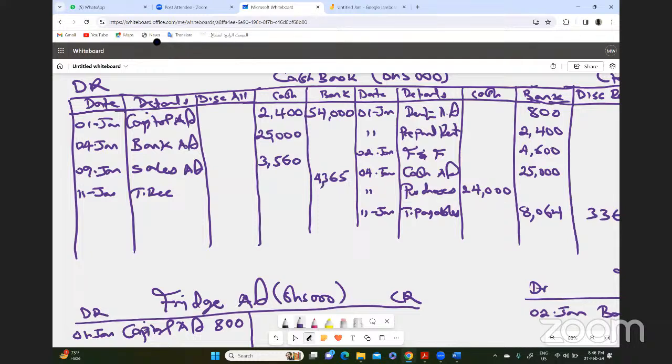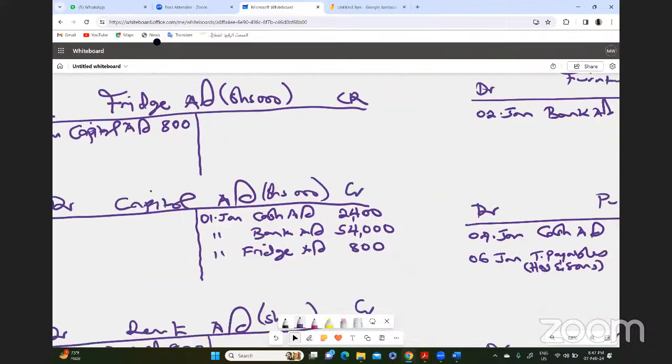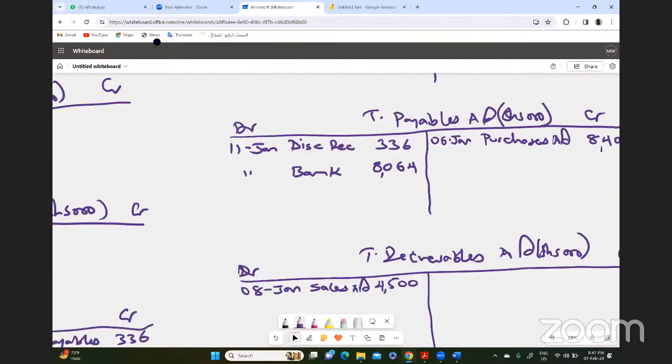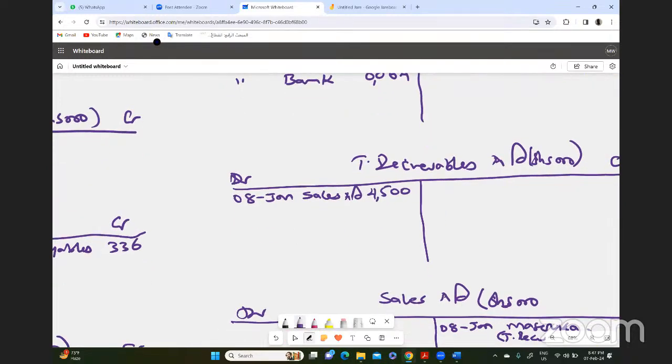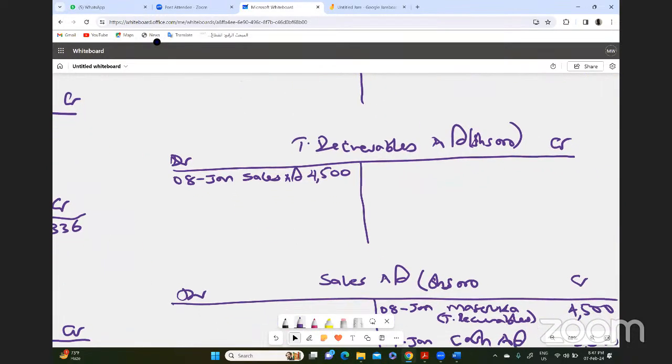Okay, yeah, discount allowed of 135. Yeah, that's right. Then we have to credit our trade receivables, but we are having two debits, not so?